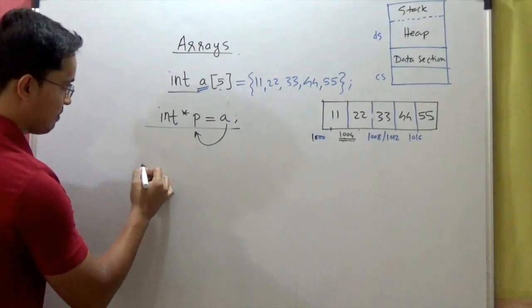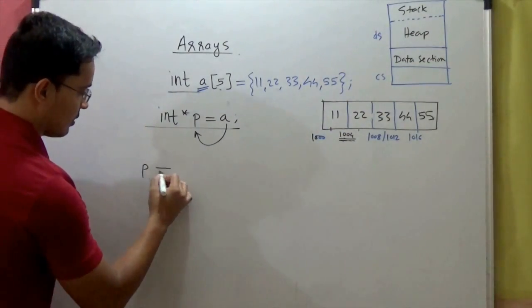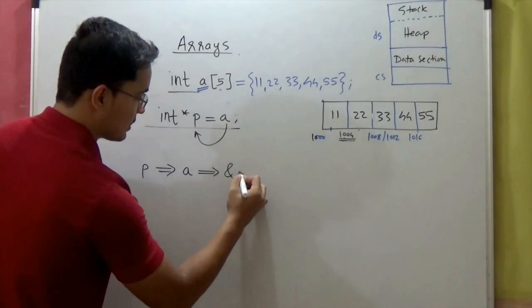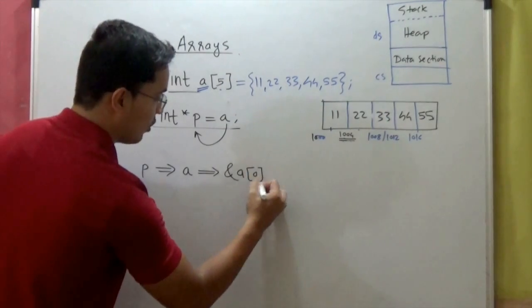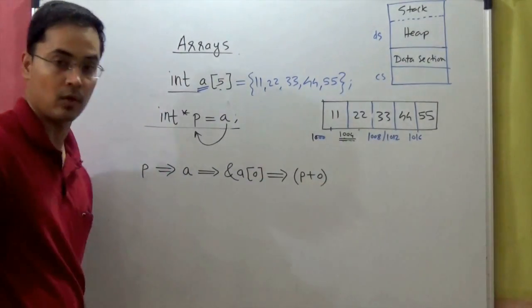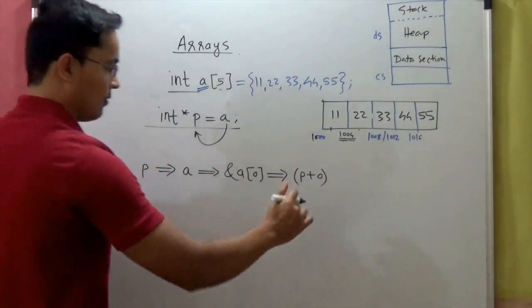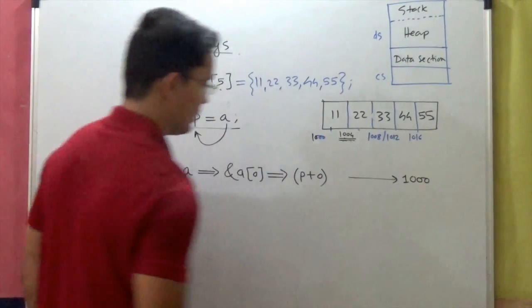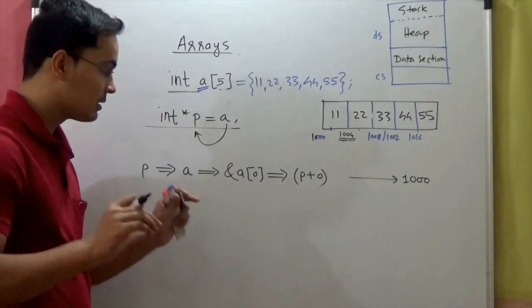So we can say p, we can say a, we can say ampersand a of 0, or we could say p plus 0. All of this will print the address that is 1000, right? So all of these are exactly similar.